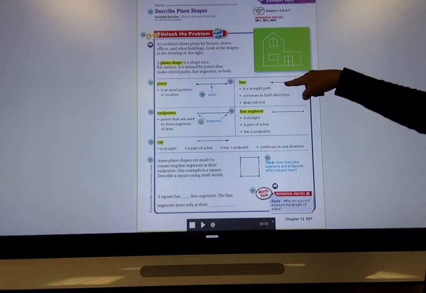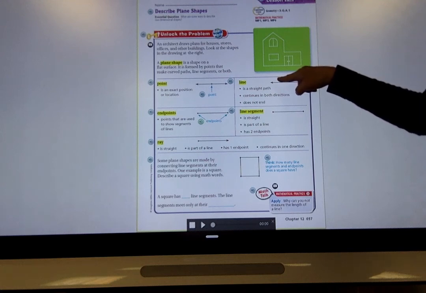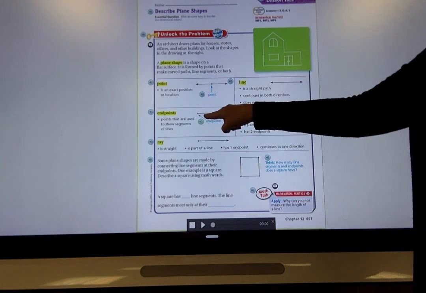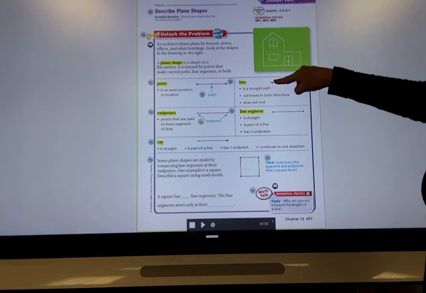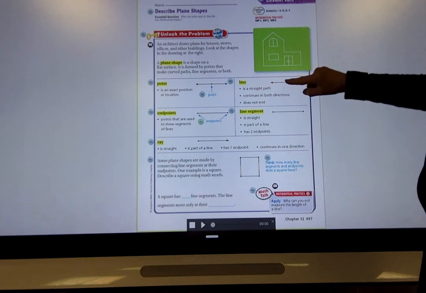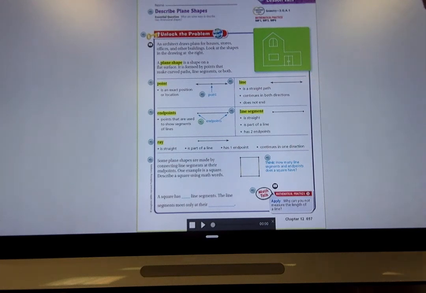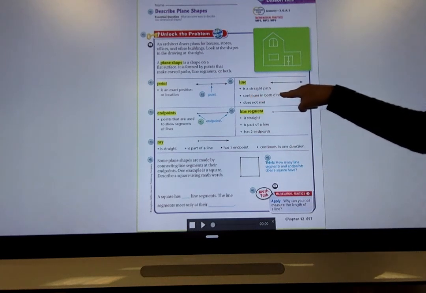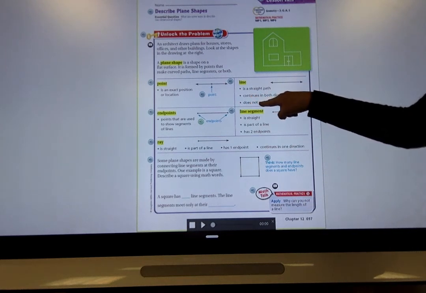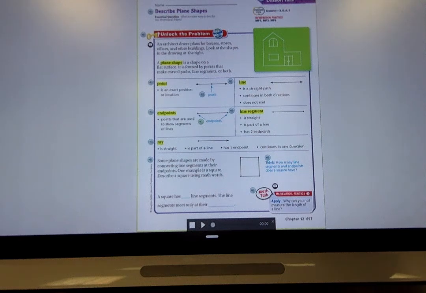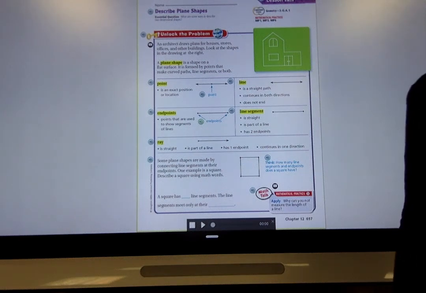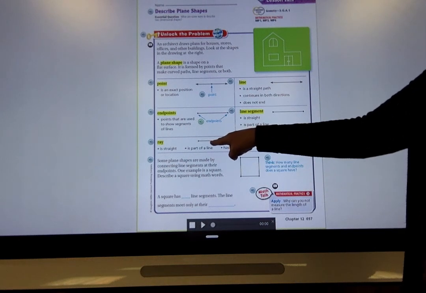Well, now we have a line up here. And a line is a straight path just like this, except that we have arrows on the ends to show that we can extend that line on and on. That line continues in both directions and it does not end. Well, what about this?